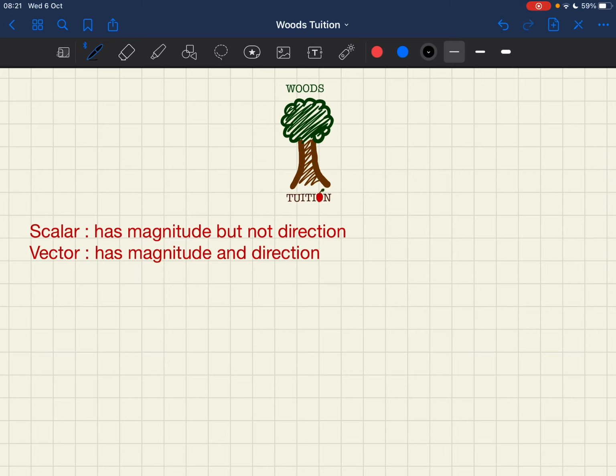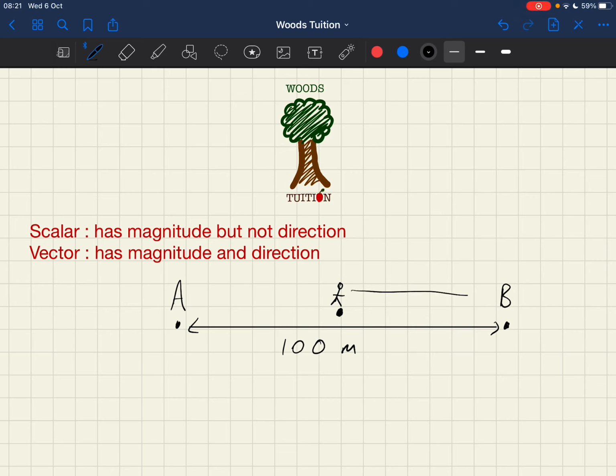So what does that actually mean? If we think about it in terms of distance, if point A is here and point B is over here, and point A and point B are 100 meters apart, and little Jimmy walks to point B and then back, and little Jimmy's right in the middle, so he walks 50 meters one way and then 50 meters the other way.